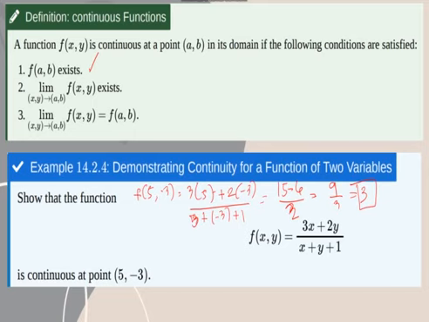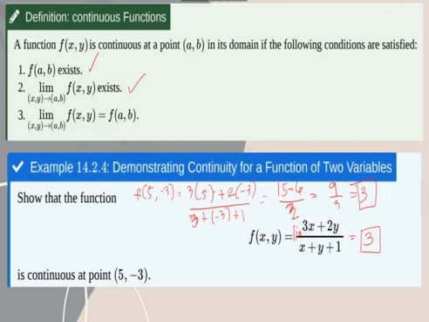Now, for number 2, let's take the limit ani niya. When we take the limit, we can simplify the function or we can use direct substitution. If we will use direct substitution class, since dili man siya ma-undefined, we will also have the same 3 or you can solve that on your own later.